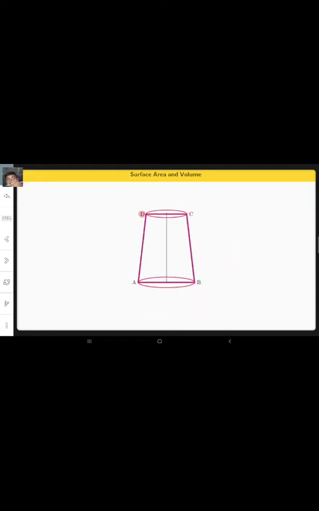Let ABCD be a frustum of a cone with height h and slant height L. Let the radius of the base and the top of the frustum be capital R and small r respectively.